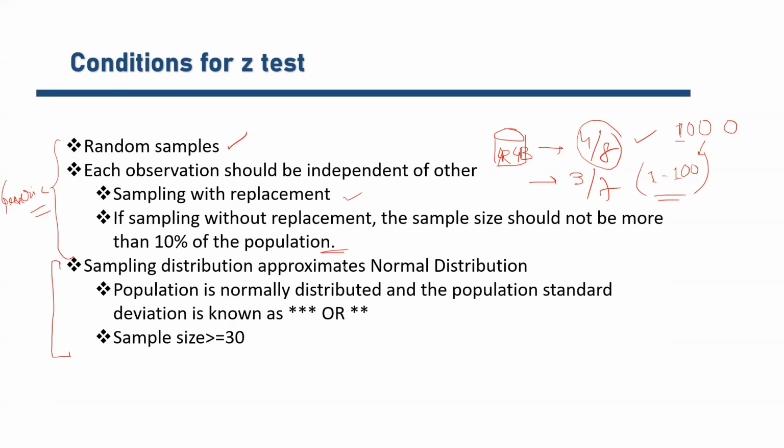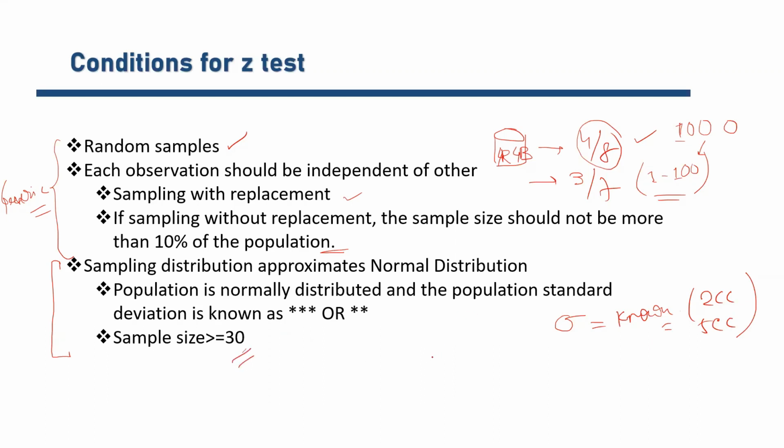But this is not the differentiating factor of a Z test. The differentiating factor is that the population is normally distributed and the population standard deviation is known. So if you know the standard deviation, either it's 2 cc or 5 cc, or your sample size is greater than 30.